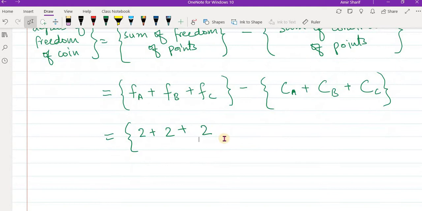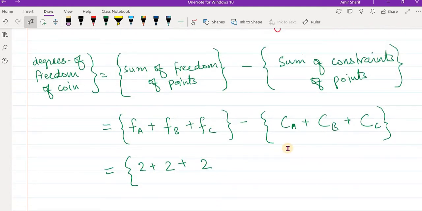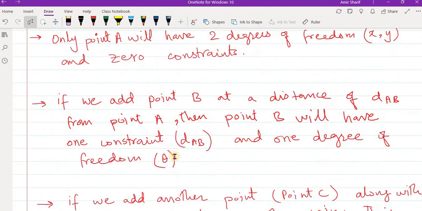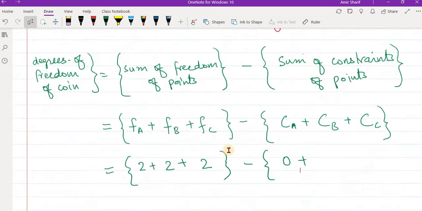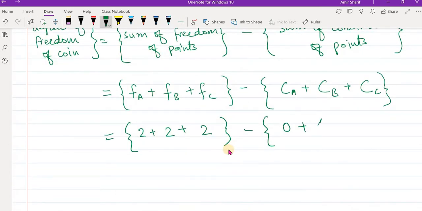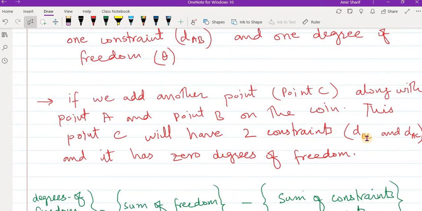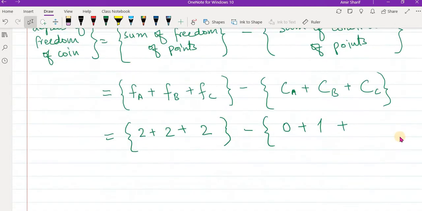That's why we are writing the original freedom of points here. Now, point A has 0 constraints. Point B has one constraint, which is DAB, so we write 1. Point C has two constraints, which are DBC and DAC, so we write 2.